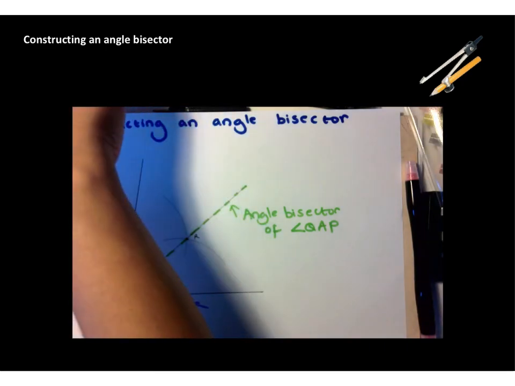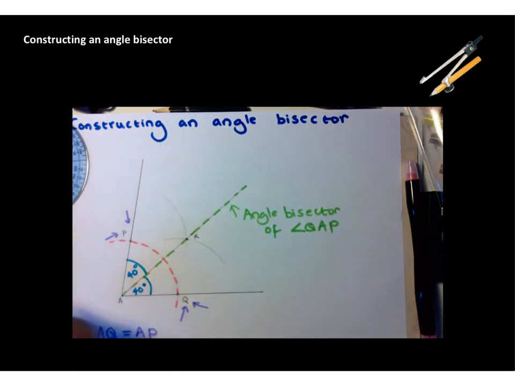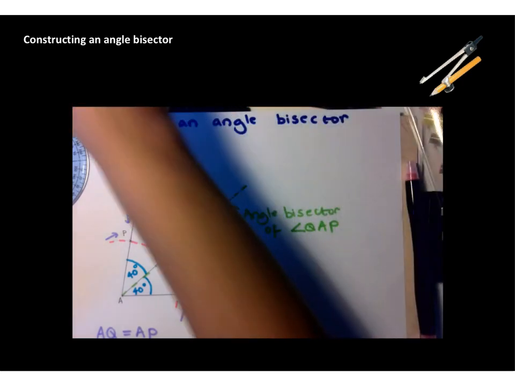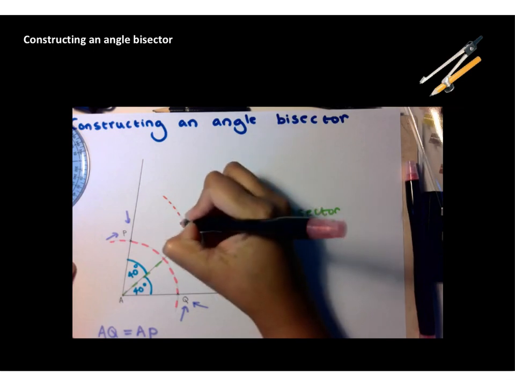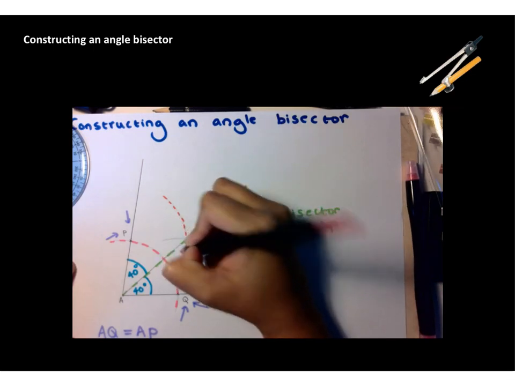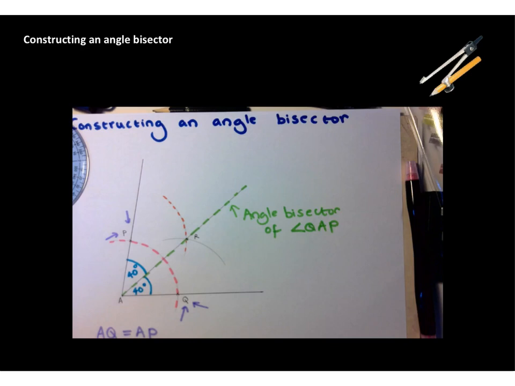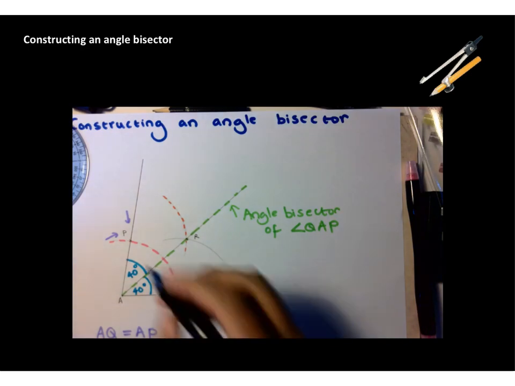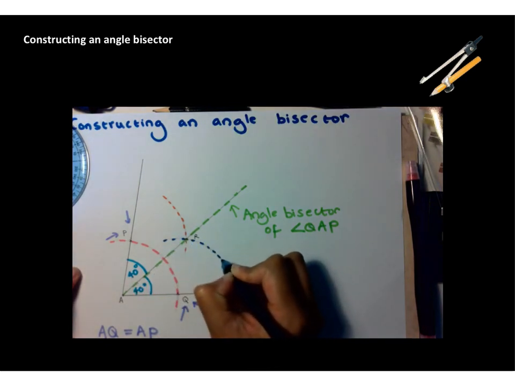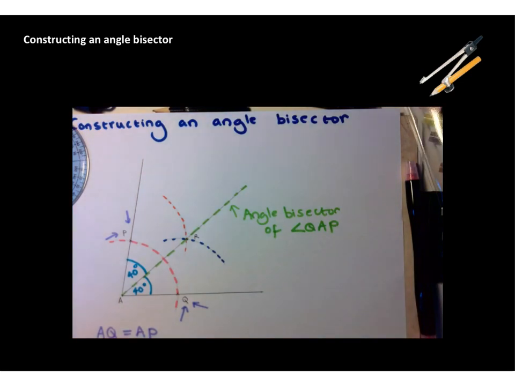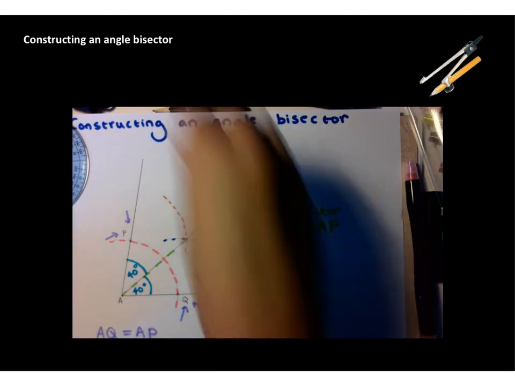Now, we then draw in two more arcs. We draw in this arc here, which is centred at point P. So all the points on that arc are equidistant from point P. And we draw in this arc here, which is centred on point Q. So all the points on the blue arc are equidistant, or the same distance, from point Q. So what's special about point R?